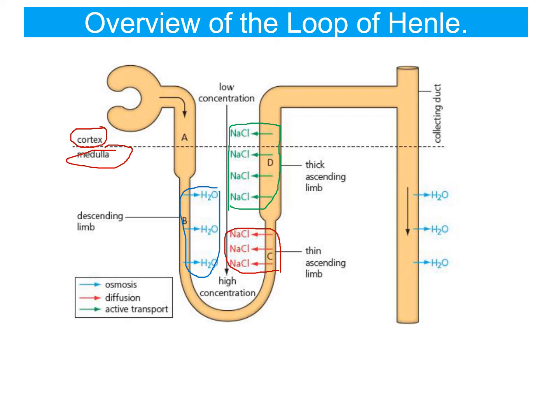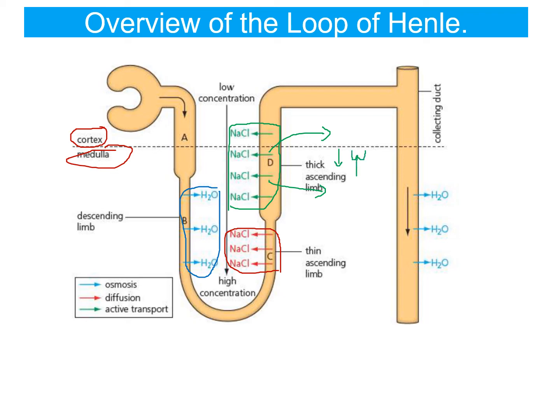Now, what we're going to look at in a moment is that all of this also happens the other way. The sodium ions also get transported, and the chlorine ions also get transported into tissue fluid here. So that once again lowers the water potential here.